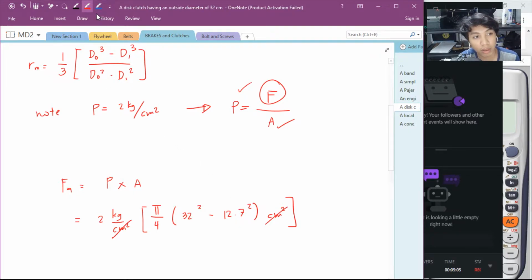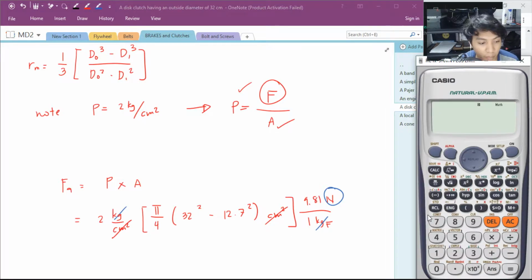Now, ano ba yung conversion factor kapag kilogram force? 'Di ba? You have 9.81 newtons per 1 kilogram force. So, maka-cancel natin yung kilogram force dito. Ang lalabas diyan ngayon is in newton, yung unit. So, solve natin kung ano yan. 2 divided by 4 at is pi over 2 na lang.